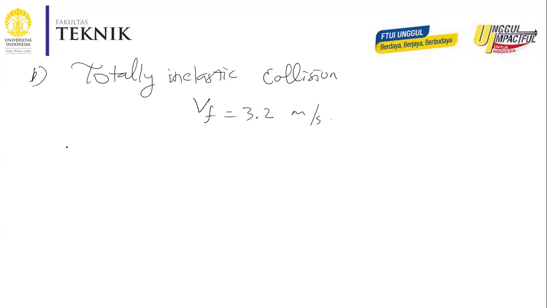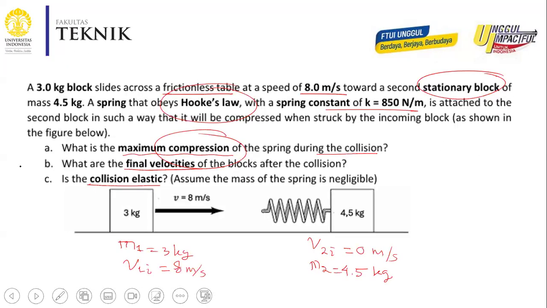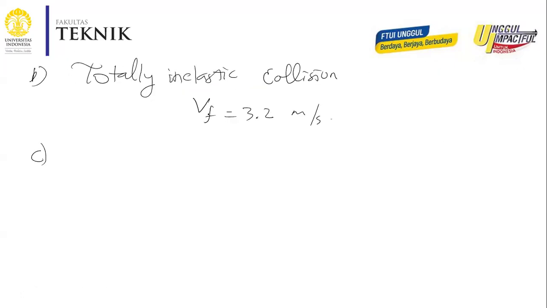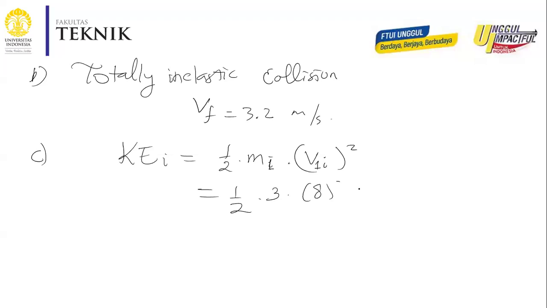And then for the kinetic energy, for part C, is the collision elastic? The initial kinetic energy is equal to half mass 1 times V1I squared, which is half times 3 times 8 squared. So this is equal to 96 joules.